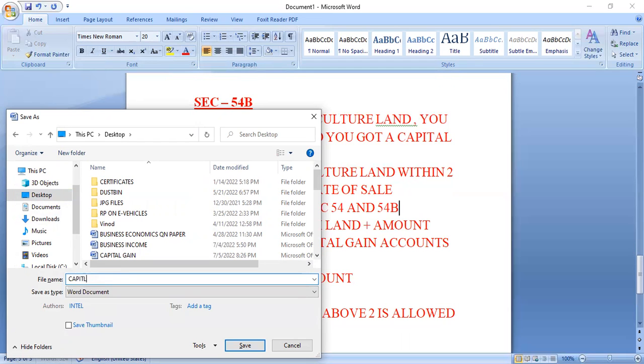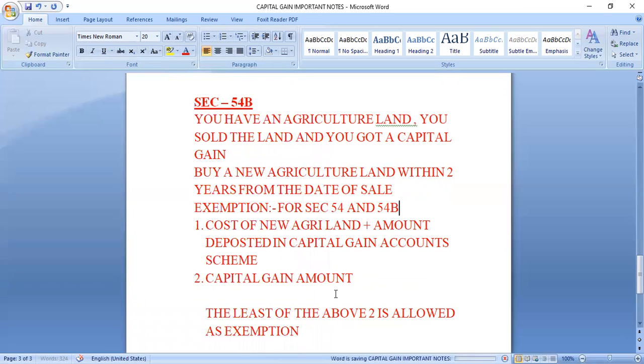The capital gain sections 54 and 54B are important.